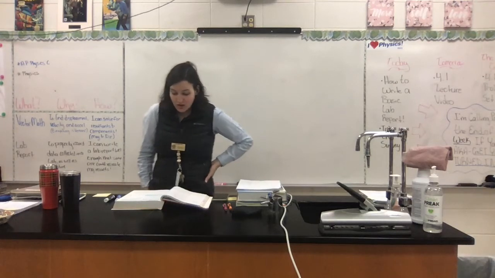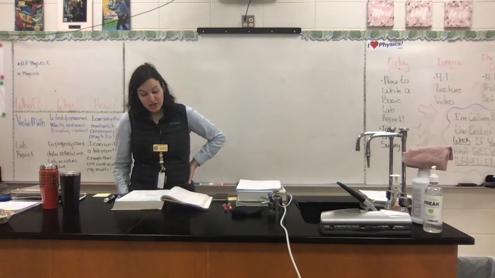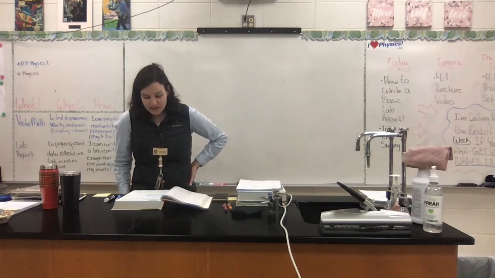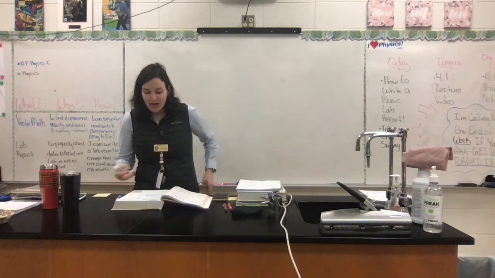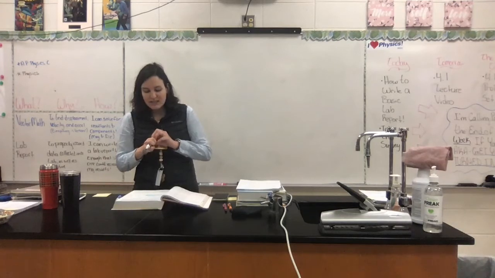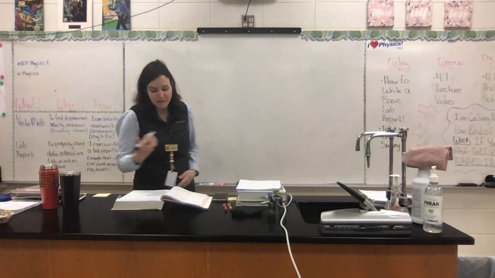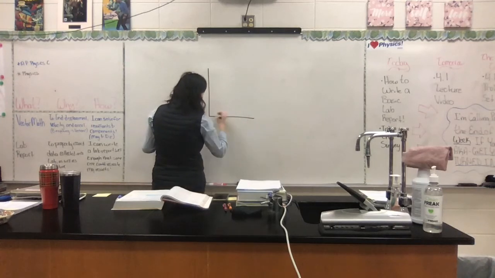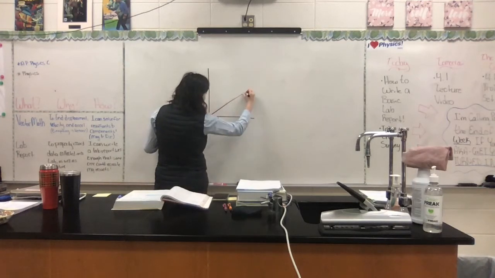All right. So at a local ski resort, you take a rope tow to the top of the bunny slope. Your displacement vector for this trip has a length of 190 meters and points at an angle of 26 degrees north of east. So if it's north of east, 26 degrees, it's going to be like this.